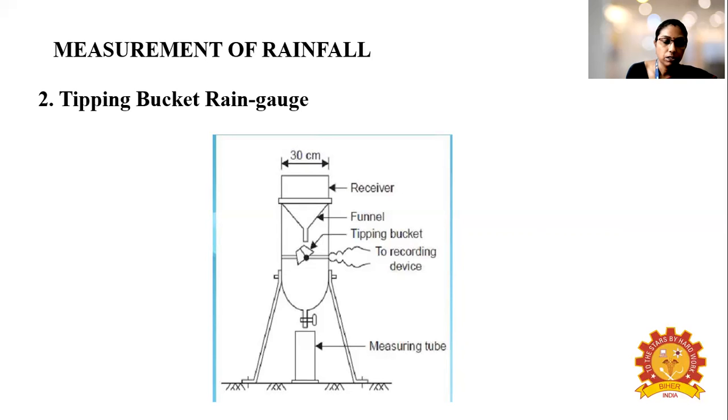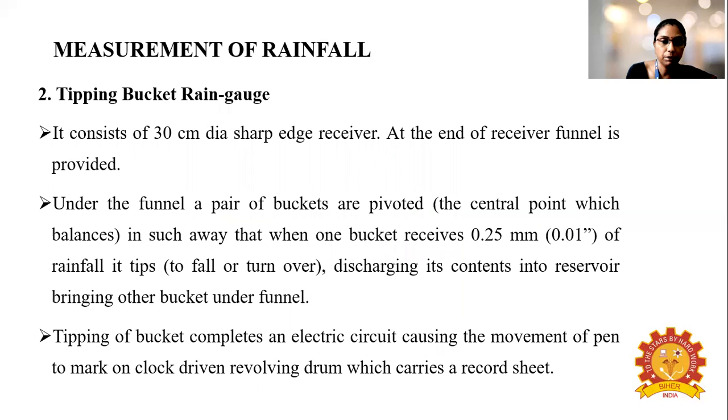Once the tipping bucket fills, that is up to 0.25 mm of rainfall, it discharges its content into the reservoir, bringing the other bucket under the funnel. This arrangement is connected to the movement of the pen, which marks all the data on the revolving drum where you have the record sheet.